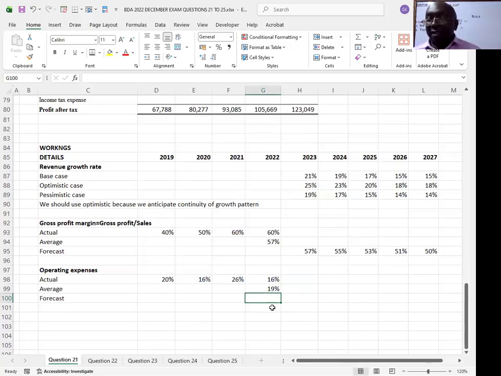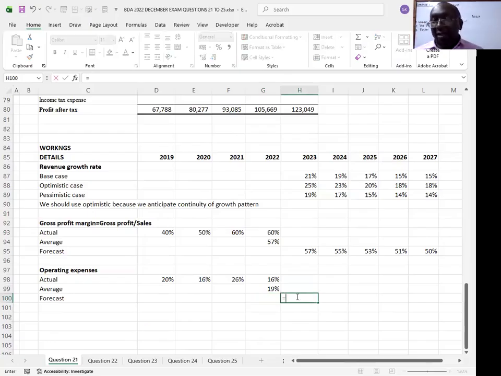Sasa, hii 19, it is the one that is becoming the forecast. So na tunaambiwa it will remain constant, eh? So you can just take this and then we anchor. I hope you remember venye tulikuwa tunafunga. Unaweka kasa hapa. You press shift button number 4, ndio uweke $sign hapo.